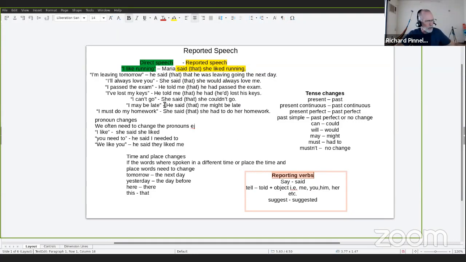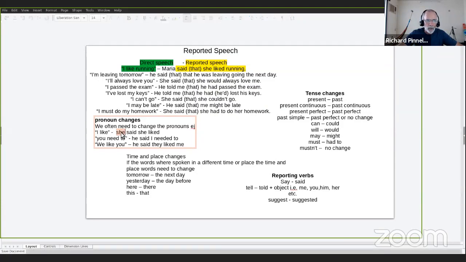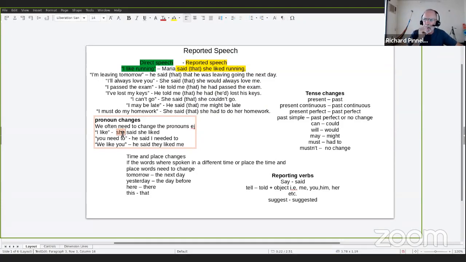So the first thing we need to do is use a reporting verb. That is optional. Then we need to make a pronoun change. Normally we need to make a pronoun change. So, for example, if the exact words, the direct speech, was with I, we normally need to change it to the third person, he or she.